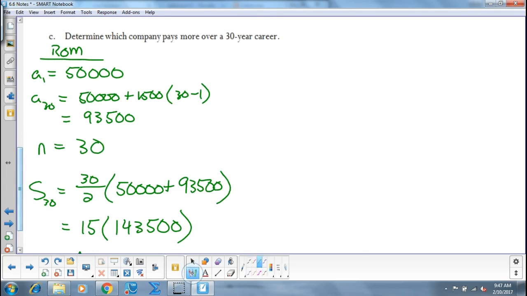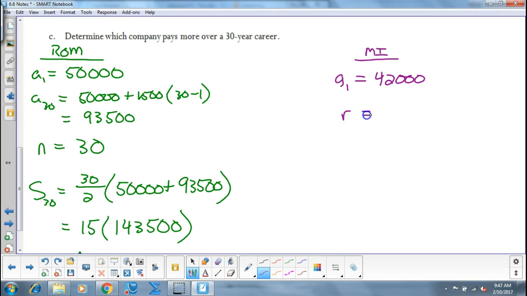Mobility Inc. now had an initial value of 42,000. Yes? Yes. Okay. Had an r value of 1.04. And we're talking over the course of 30 years. So that's enough for me to use my formula. Okay?